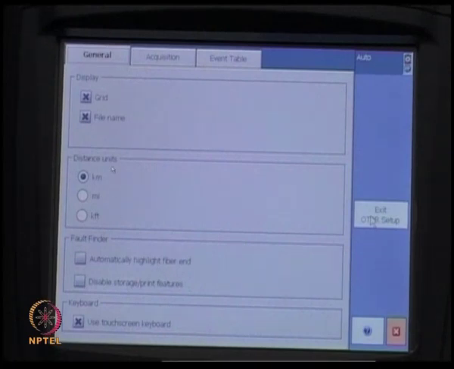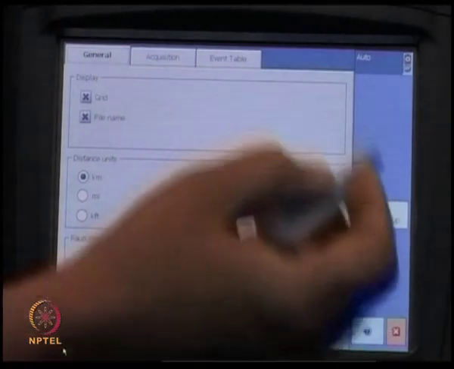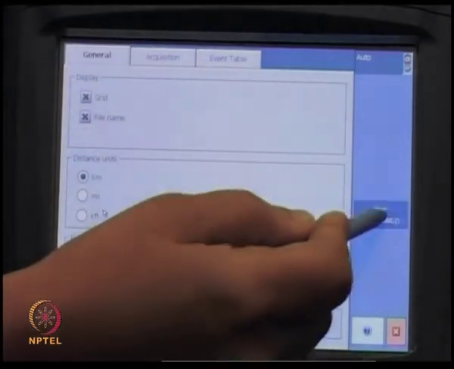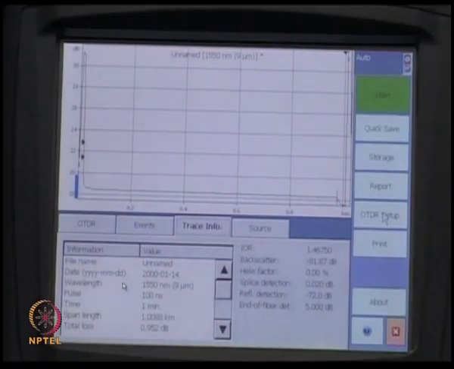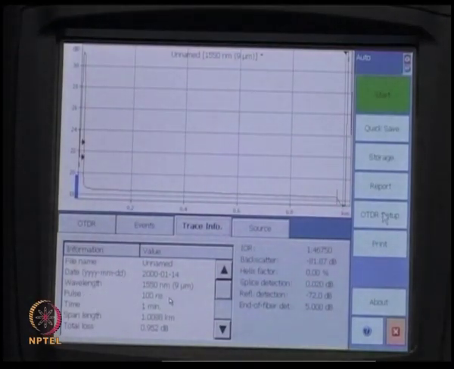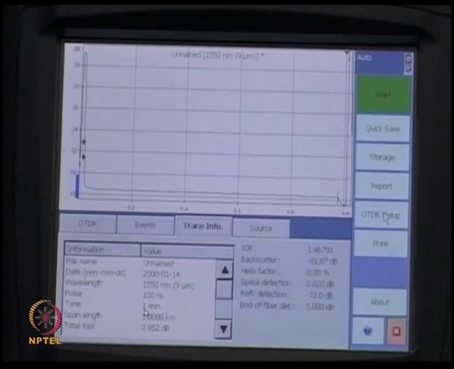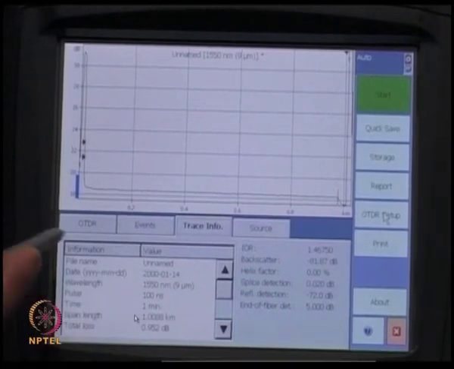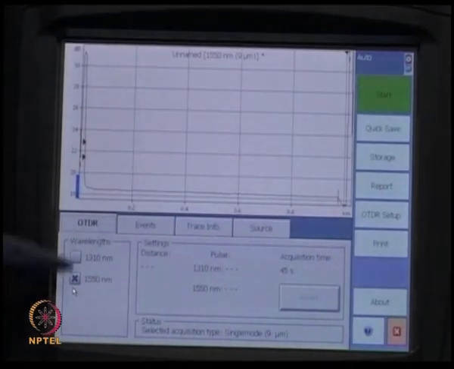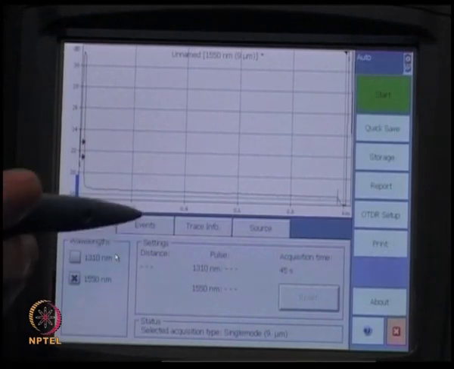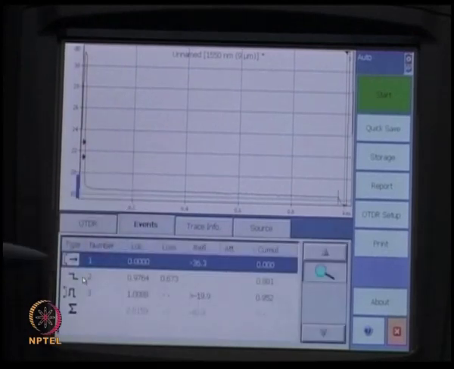This is for recording the data. You can have different settings. You can put distance in meters or kilometers. You can decide the pulse length. You can choose the wavelength at which you are calculating the condition, either 1310 nanometer or 1550 nanometers.